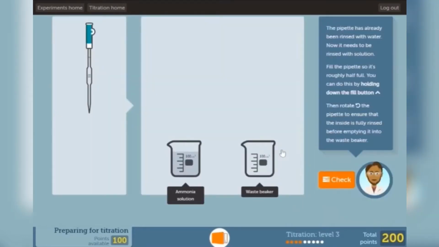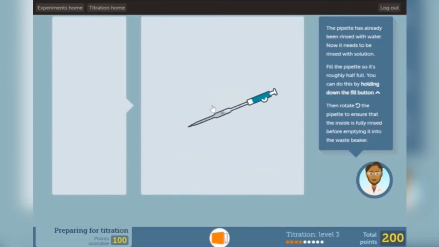Prepare a pipette that has already been rinsed with distilled water. Fill the pipette with ammonia solution and rinse it again. Rotate the pipette to make sure the inside is fully rinsed before emptying into the waste beaker.